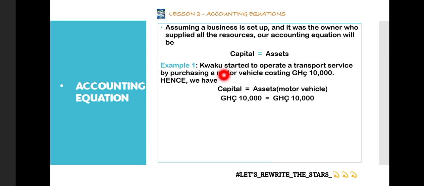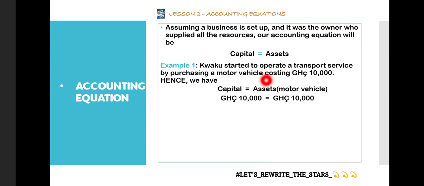So Kweku went to purchase the vehicle at 10,000 Ghana cedis. Therefore, the capital which was introduced into the business by the owner was the 10,000 Ghana cedis, because that's the money he used to purchase the car or the motor vehicle.